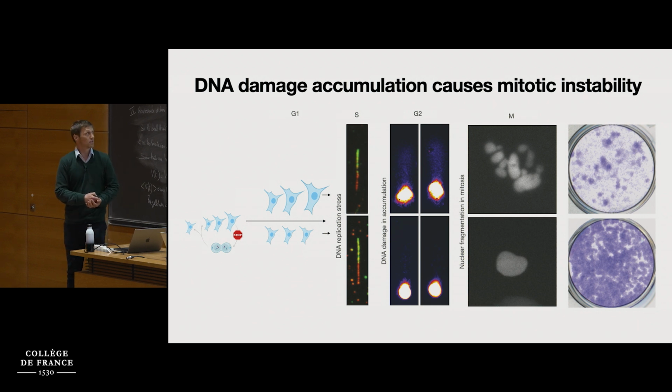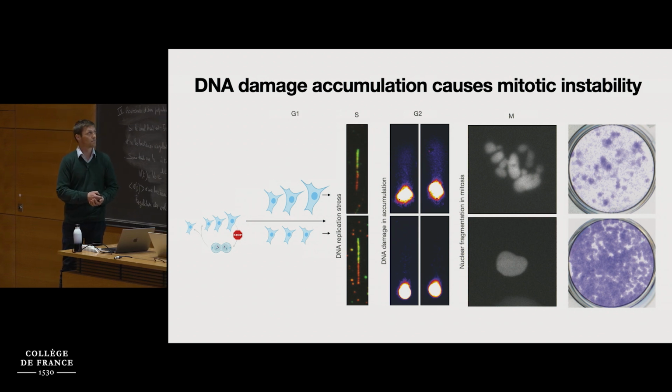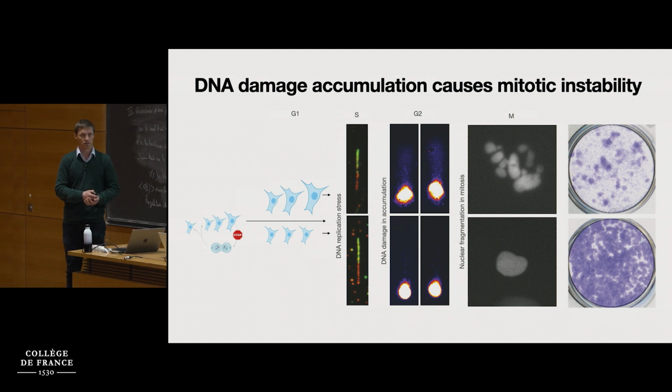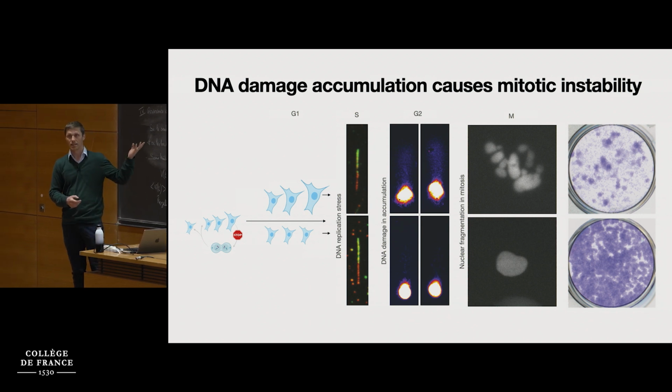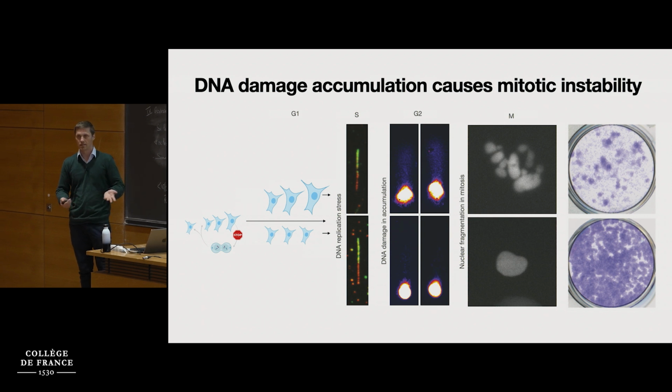And if you enter mitosis in the presence of damaged DNA, it's not a good thing to do, because instead of having two nuclei, in the end you can end up with many, many different nuclei. So the nuclei of these cells fragment. Okay. And so once these cells have undergone a mitosis that results in an unstable genome like this, they will permanently arrest and they will never go back into cell division.